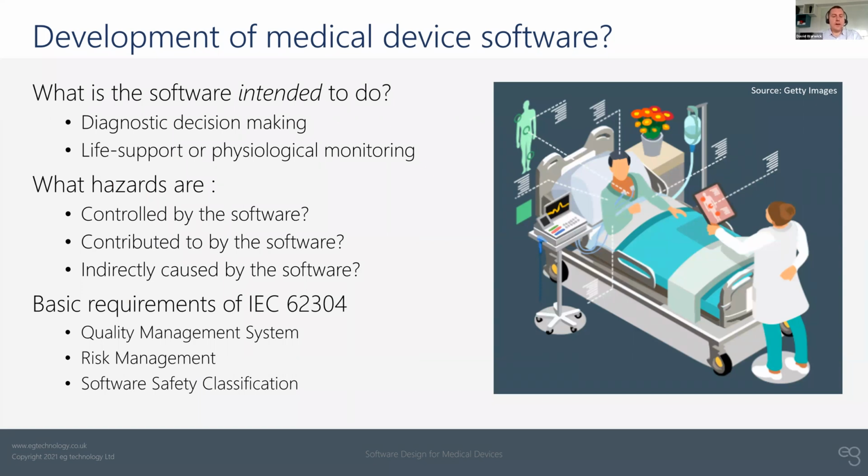So the previous slide, we were talking about the difference between a medical device and health software. And the way you make that determination is by considering what is the intended use of the device. And the definition of a medical device, or indeed an in vitro diagnostic, comes from the applicable regulations.